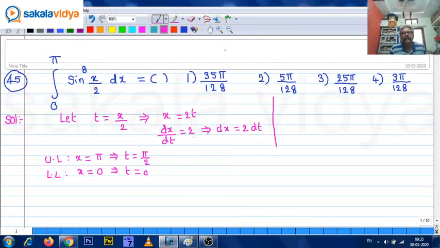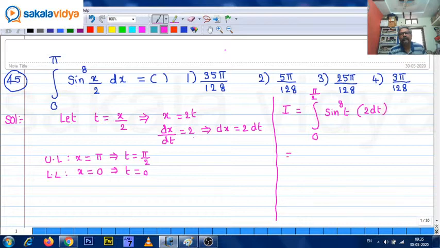Now this integral becomes I equals integral, lower limit 0, upper limit pi by 2, sin t raised to 8. Now dx is equal to 2 times dt.